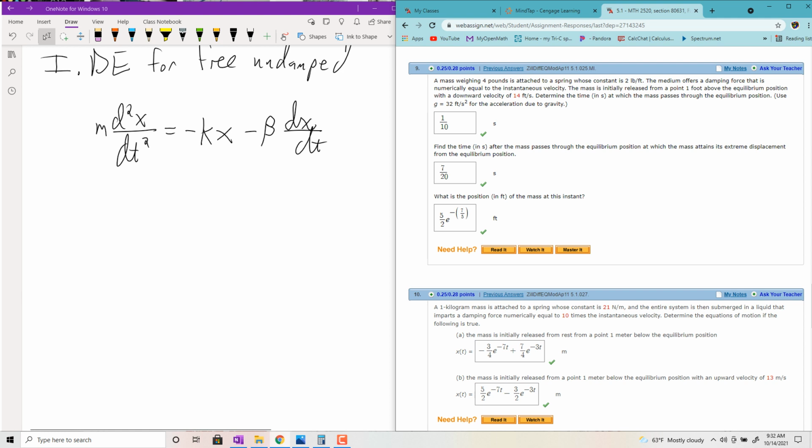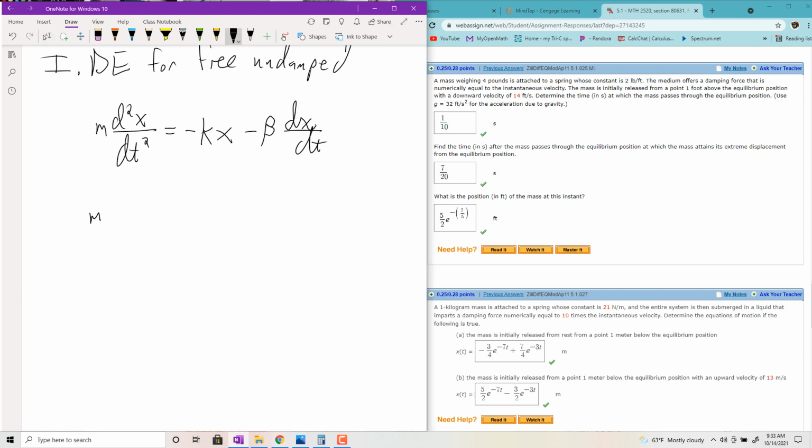So first, again, we want to put it into the form where it's set equal to 0, and we're going to divide everything by m. Okay, so first, set it equal to 0, and put it into our linear differential equation form. Okay, divide by m.